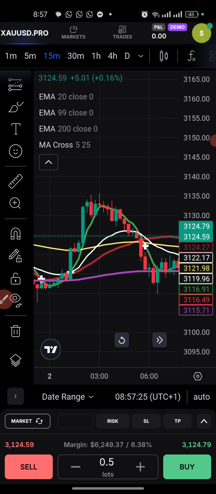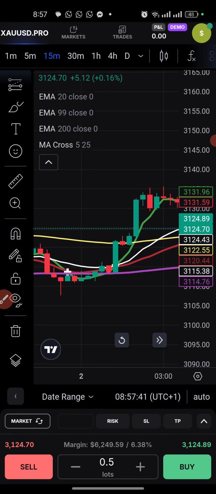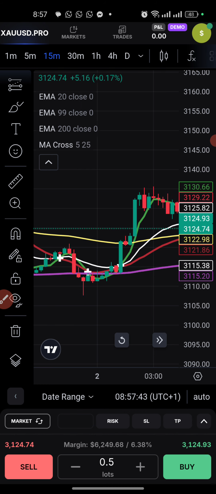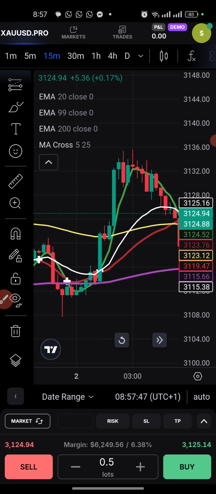In practice, whenever you have your green and your red, whenever you have them cross, and you have your green crossing to the upside. So market has been ranging here. It's not every time you can use it, but good.